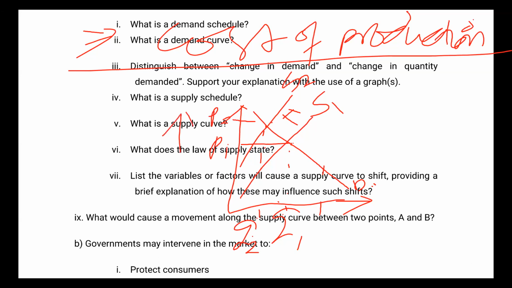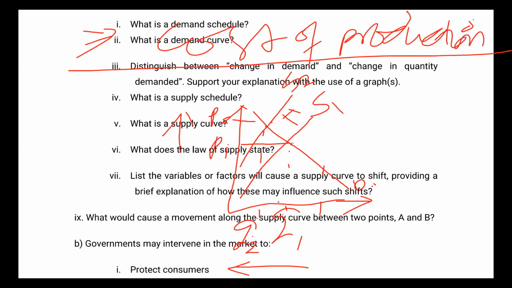When the supply reduces, then the quantity supplied reduces, and the price goes up because the product becomes more scarce. The scarcity of the product increases. Clear? Yes, sir. Any question? And so the opposite is true.